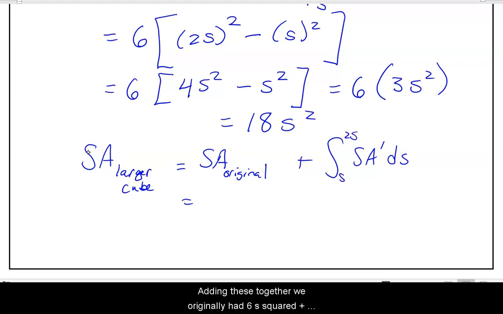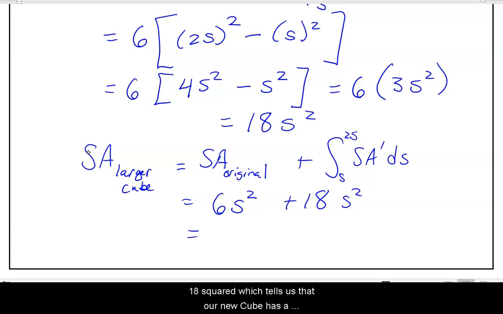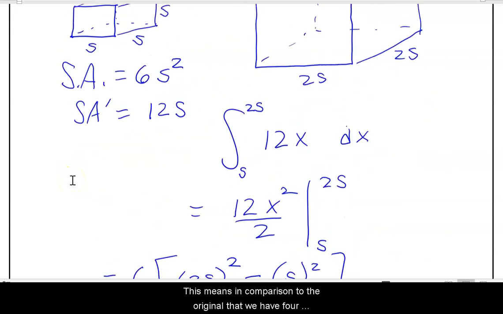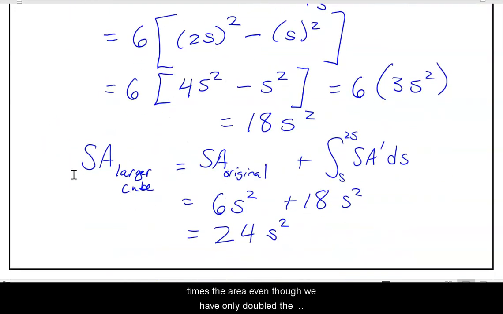Adding these together, we originally had 6s squared plus 18s squared, which tells us that our new cube has a surface area of 24s squared. This means, in comparison to the original, that we have 4 times the area, even though we have only doubled the length of the side.